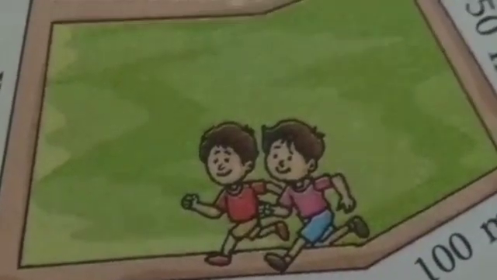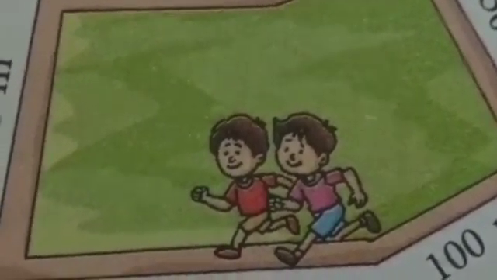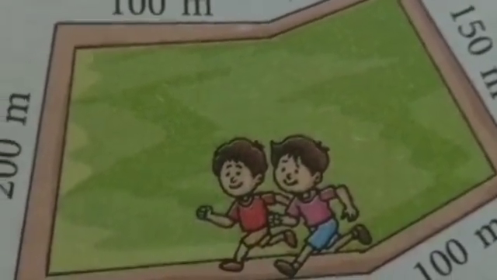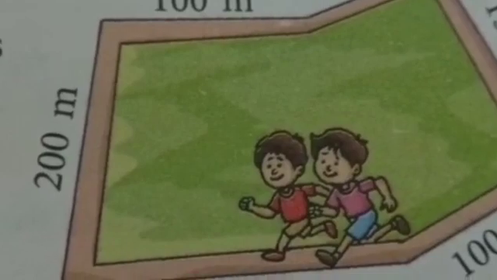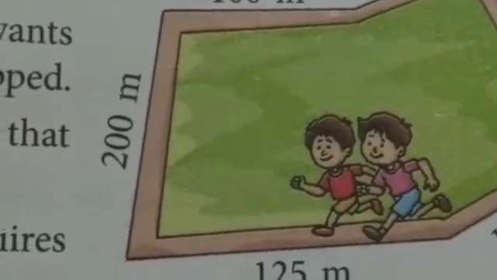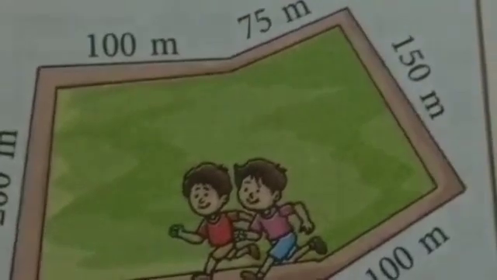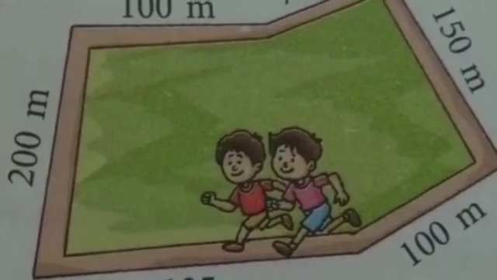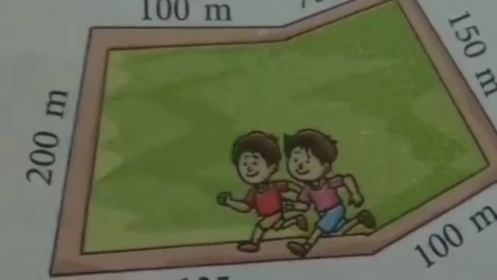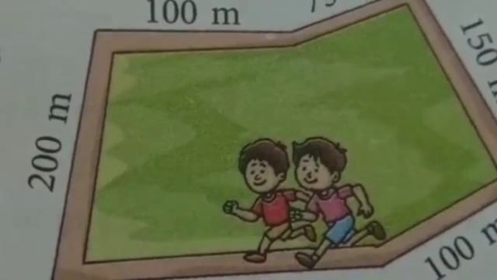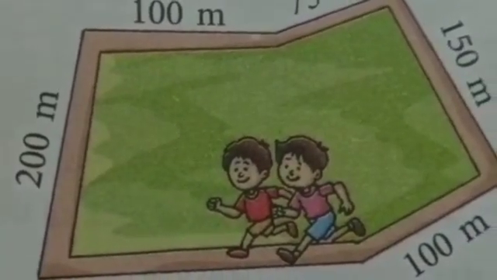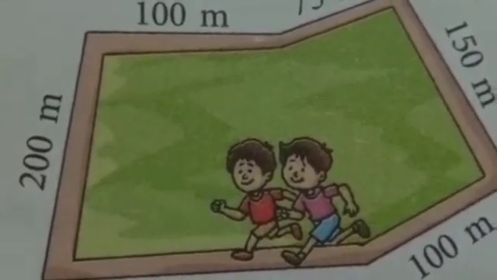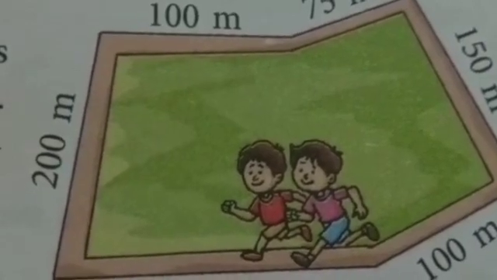Arpit goes for a jog every morning to a playground near his house, which looks like this. The jogging track is along the boundary of the playground, and you can see the lengths of various paths given. Now, if the society wants to fence this ground so that the outsiders or the unwanted people could not come here, then how are they going to do it?